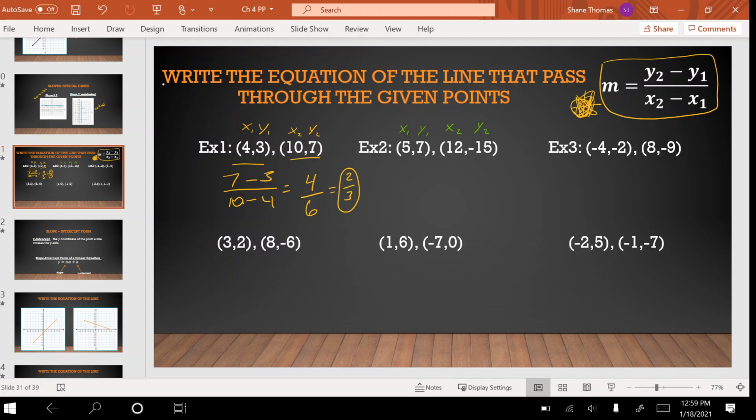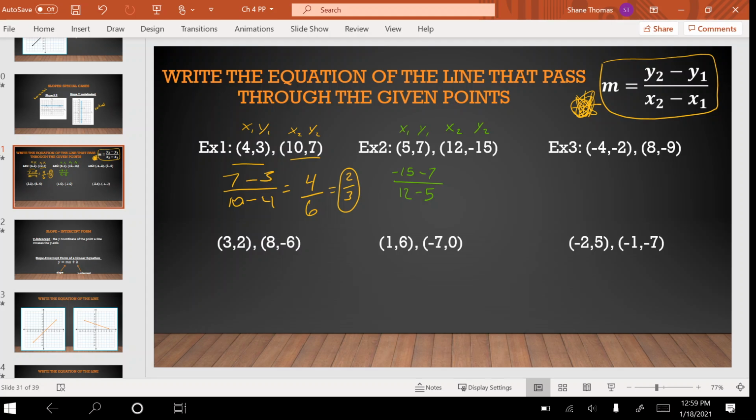All right. So what is my Y2 number? Negative 15. Good. Minus. What's my Y1? 7. Over. What's my X2? Minus. What's my X1? 5.